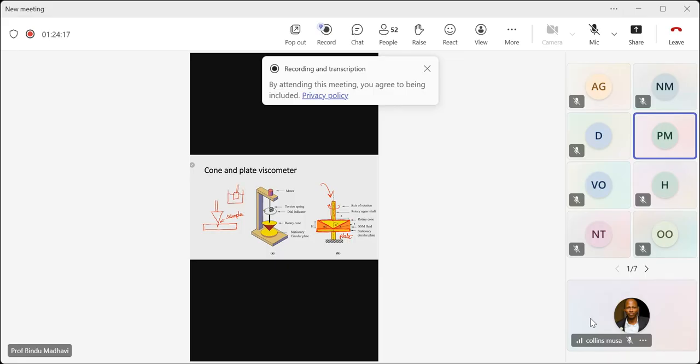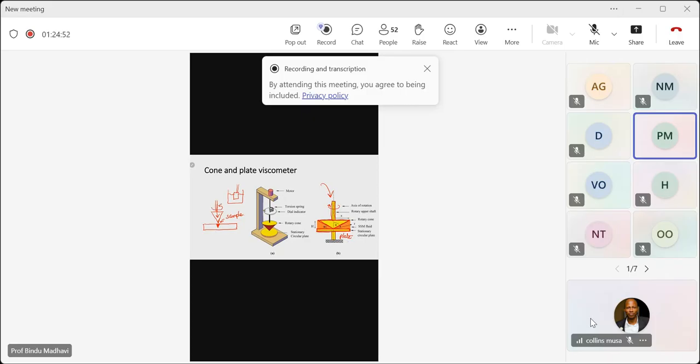So now you can just imagine the bob put into a cup, which requires more sample, versus a plate and cone, which fit exactly into each other. The shape is in such a way that there are no dead points. There are no layers receiving different amounts of shear stress, because the sample required is very small. And you see the shape is preventing differences in the shear stress received by the liquid.